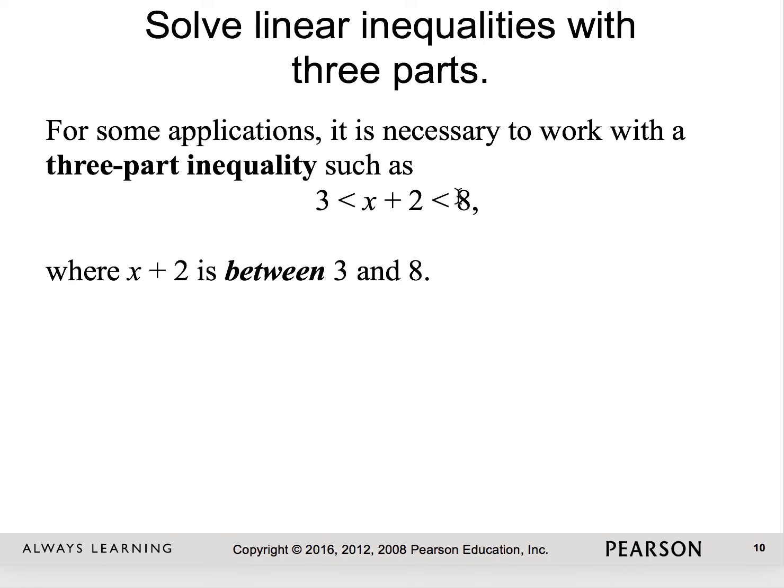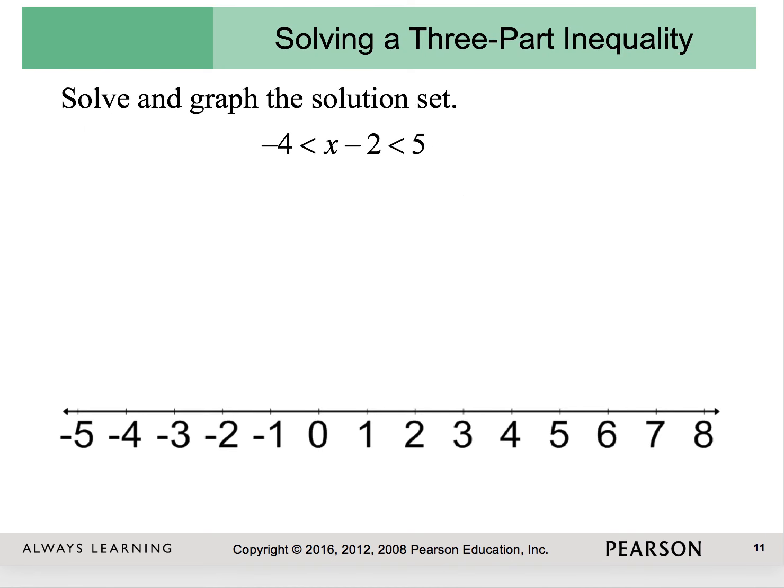Right? Okay. So that's just read in between. And the only thing we do, we leave the variable in the middle, and we undo whatever's being done to the variable. The only difference is I just do it to all three sides now.